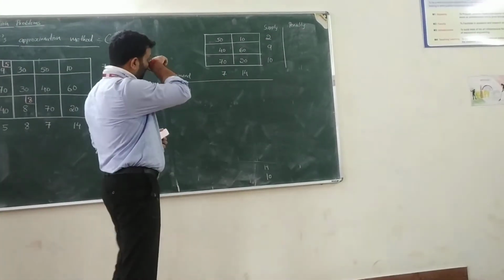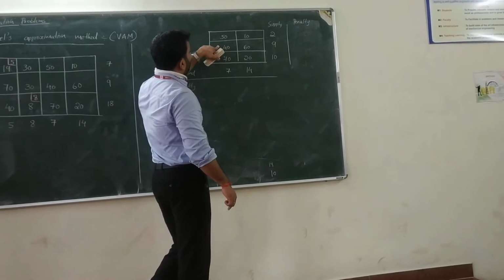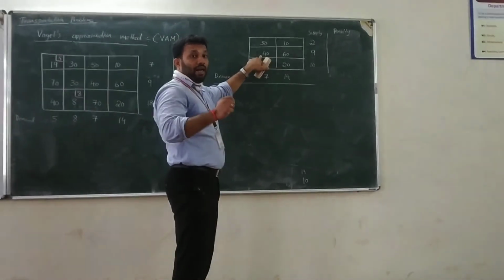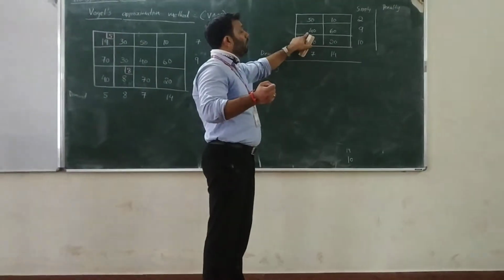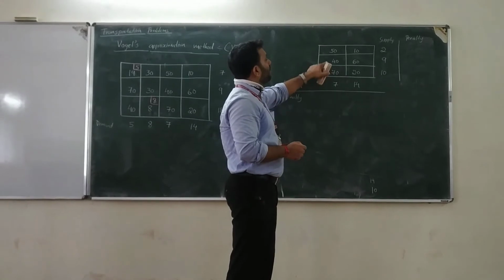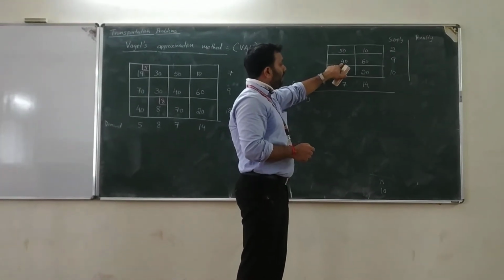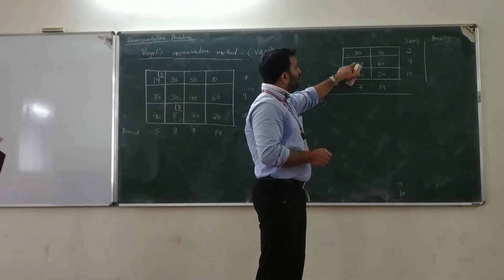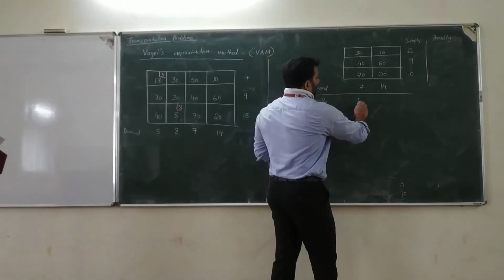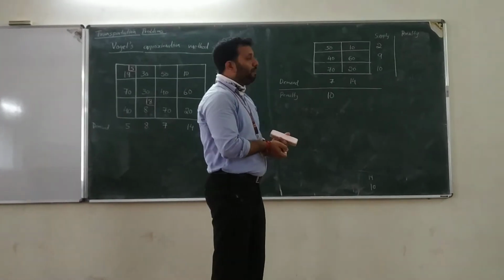So here the penalty. Again this column. Whichever is the lowest cost, and the next cost nearer to that lowest cost, the difference is nothing but the penalty. So again I am finding out the lowest cost. I have identified the lowest cost as 40, and the very next cost nearer to that is 50. So that is why I have a penalty of 10.